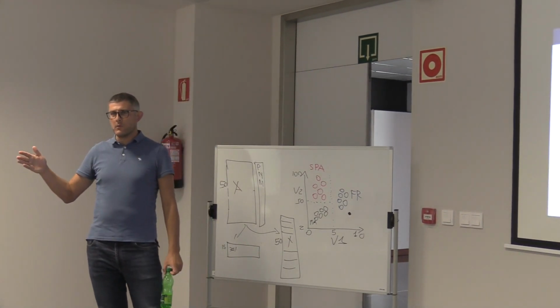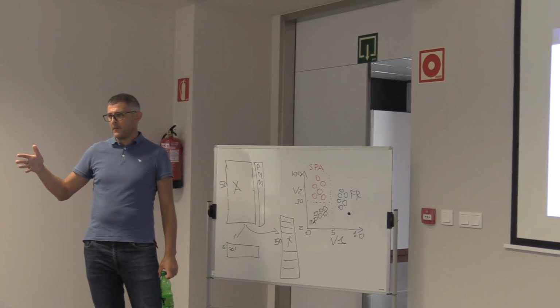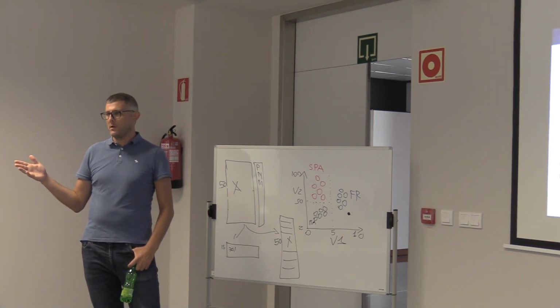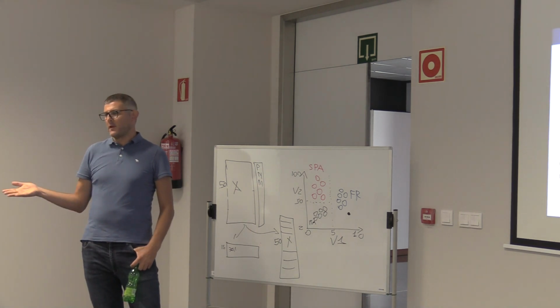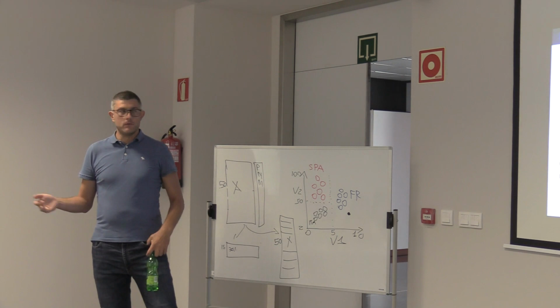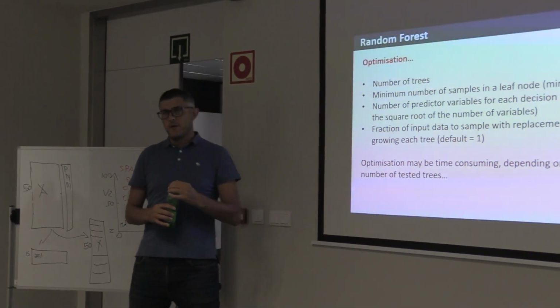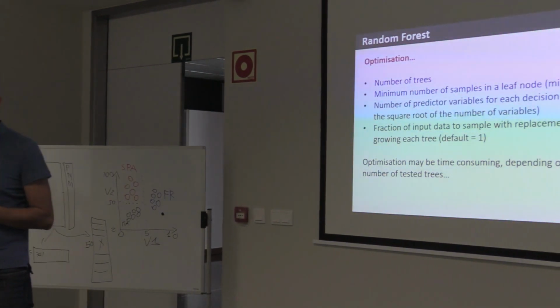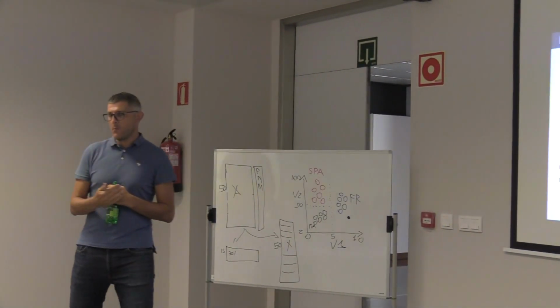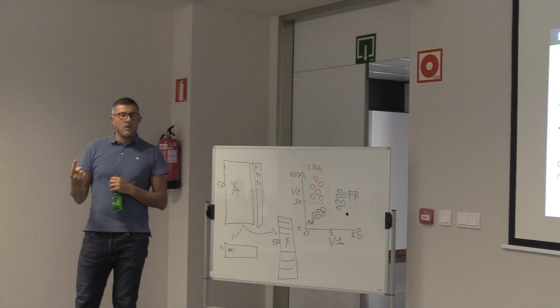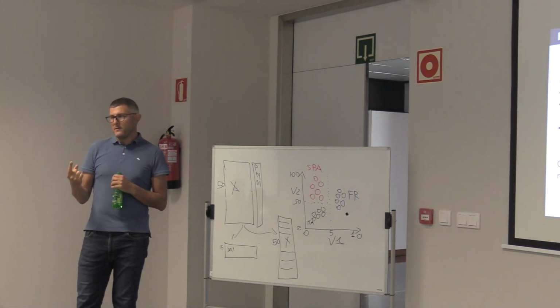How can we understand which is the best one? In a classification framework, we can look at the classification error. Okay? So the number of trees giving the lowest classification error is the one we want to use. Okay? But the classification error must be estimated with cross-validation.